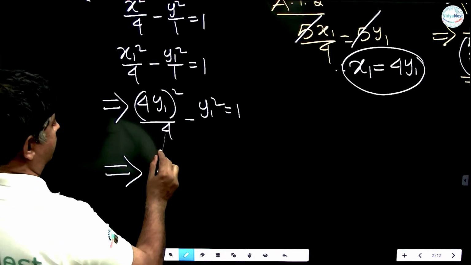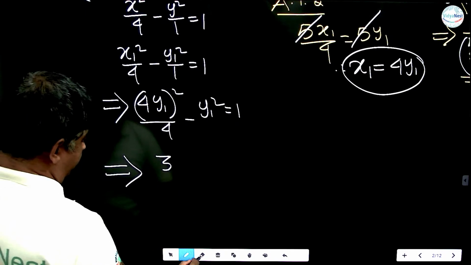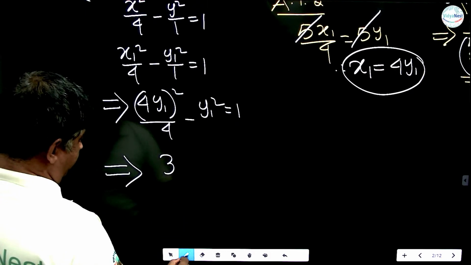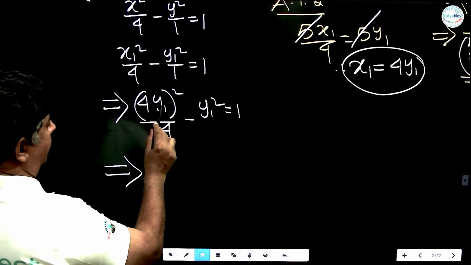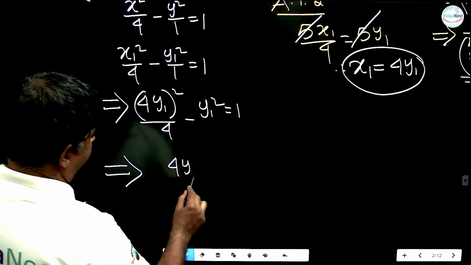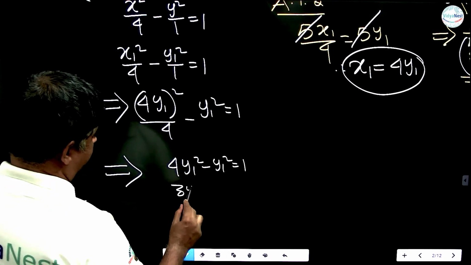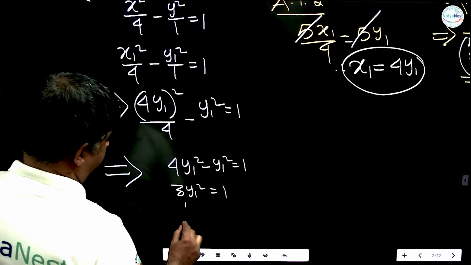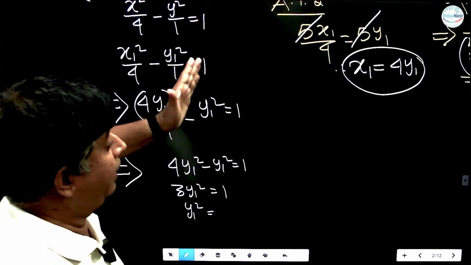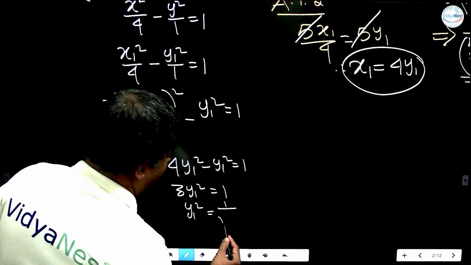So 4y1 square, 16y1 square by 4, gives y1 square, so y1 is plus or minus 1 by root 3. No, it lies in the positive direction of the x and y axes, so I will take only 1 by root 3.